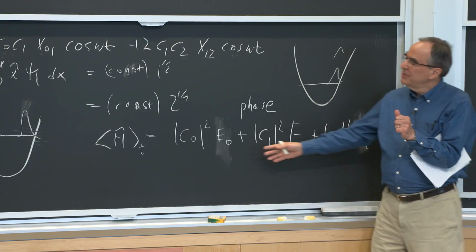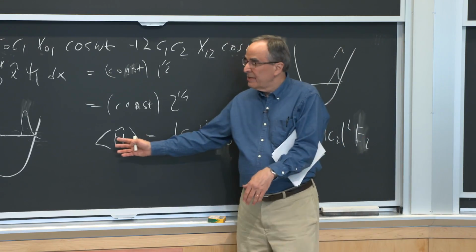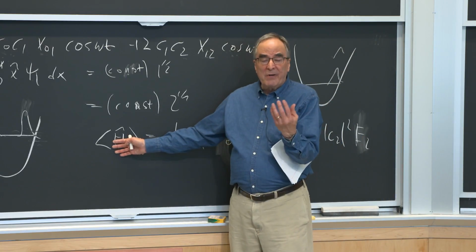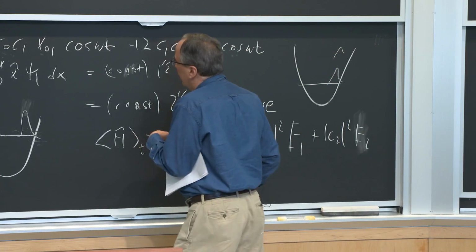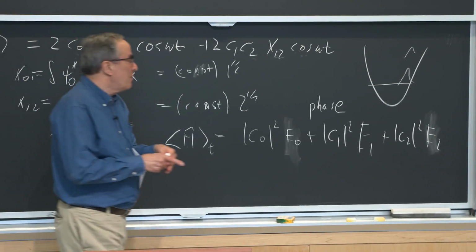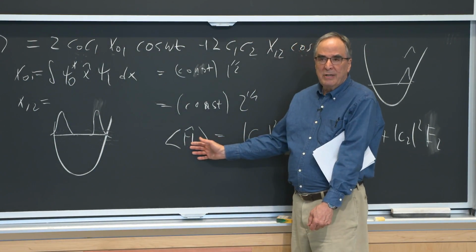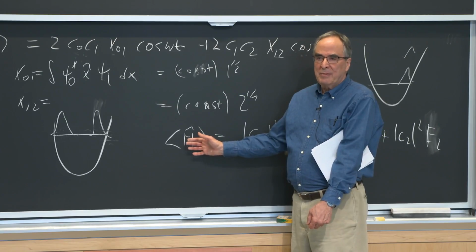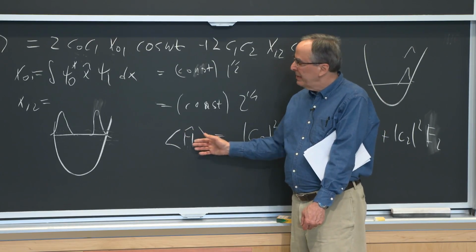So this is something that you can derive really quickly. And the fact that your eigenfunctions, the basis in your linear combination up there, are eigenfunctions of the Hamiltonian means every time the Hamiltonian operates on a wave function, it gives the energy times that wave function. And then you're taking the expectation value.